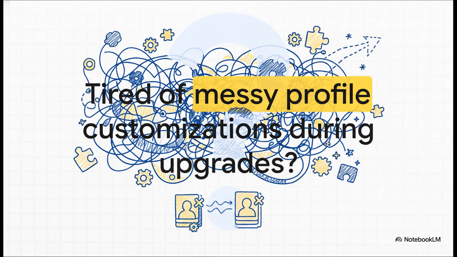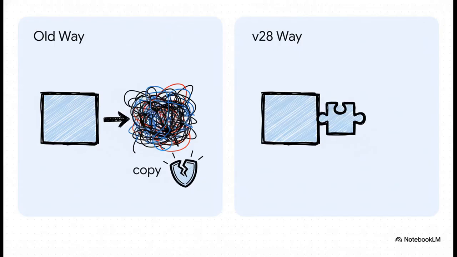Okay, let's talk about another part of this modernization push, one that solves a really old headache for developers. I'm talking about customizing role centers and profiles, which, as you know, could get super messy during upgrades. So here's the deal. The old way, you had to copy an entire base profile and then make changes to your copy. It was a maintenance nightmare.